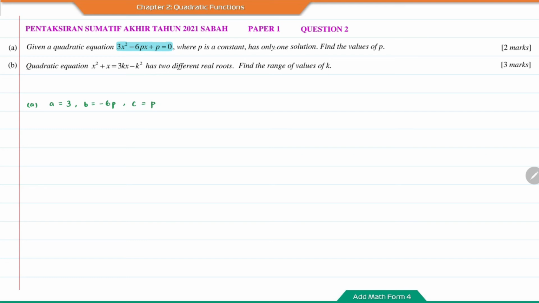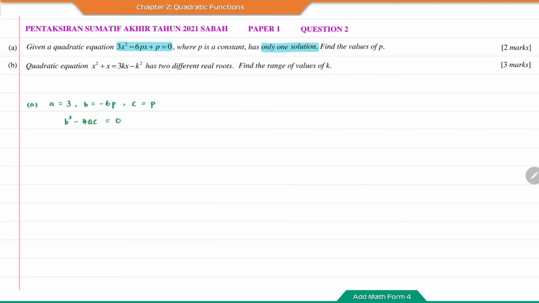This quadratic equation has only one solution, which means this quadratic graph touches the x-axis at one point only. Therefore, the discriminant, b squared minus 4ac, is equal to 0.